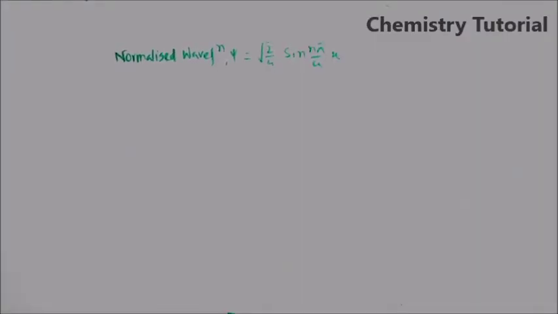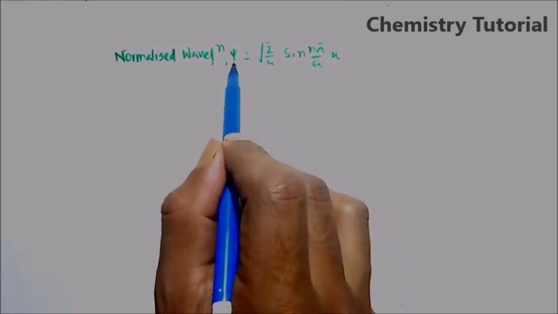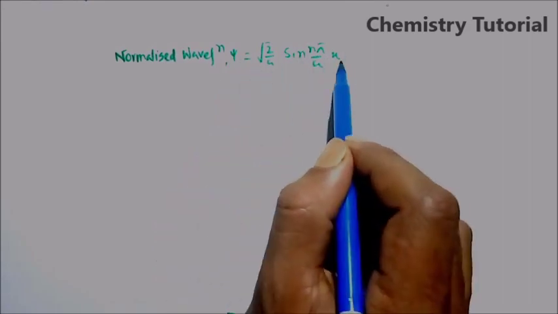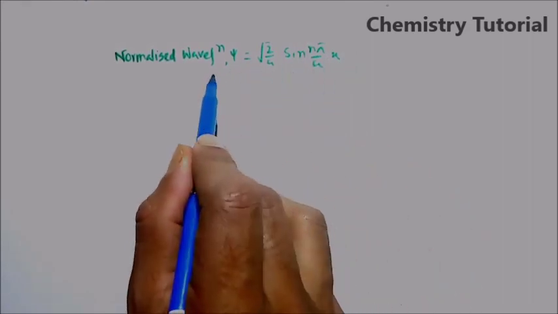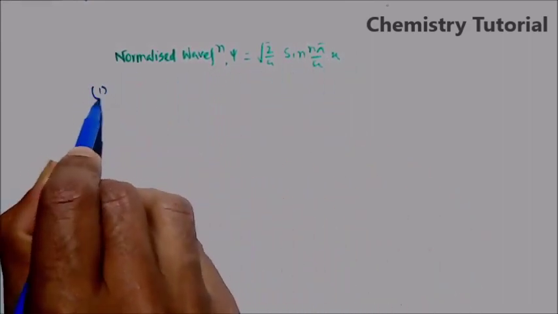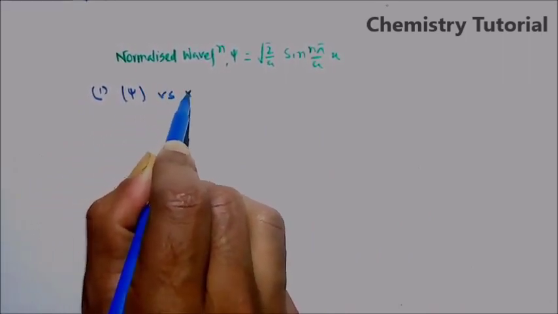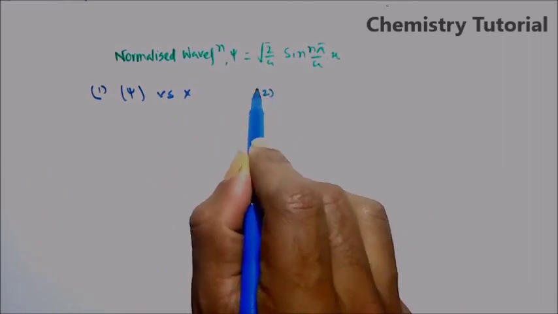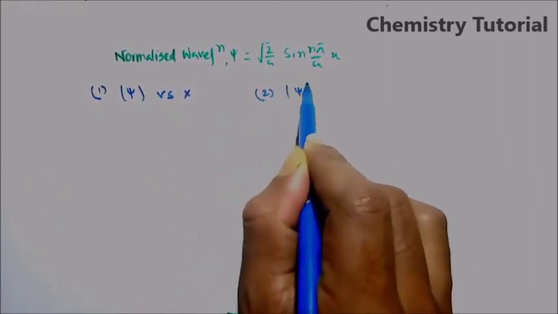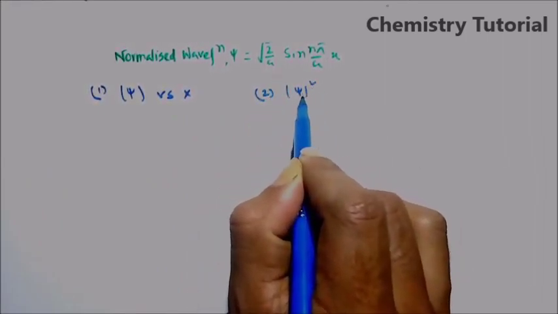So from the above discussion we have found the normalized wave function for the translational motion of a particle in one dimension. Now we will discuss how psi, the normalized wave function, will vary with x. Two things: one is how psi varies with x, and the other is the probability of finding the particle, which is represented by psi square.